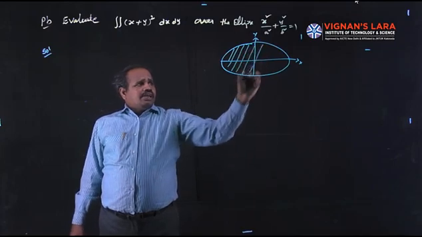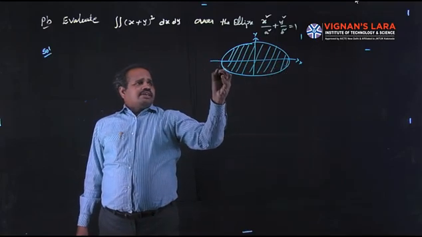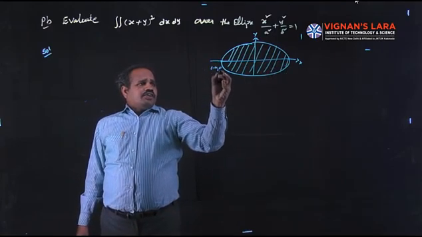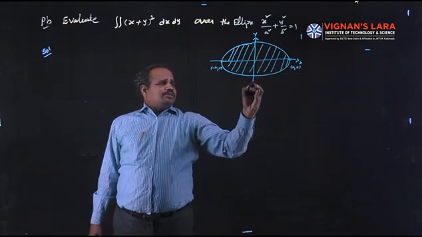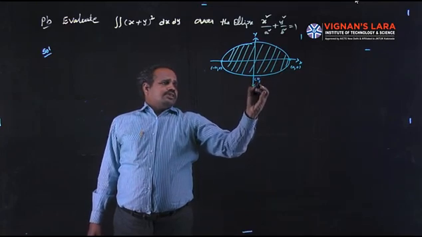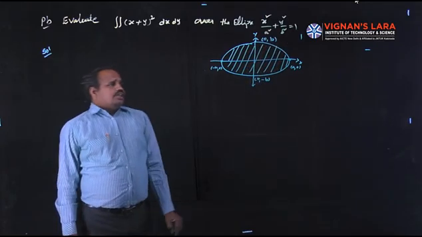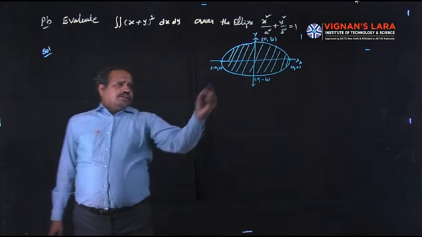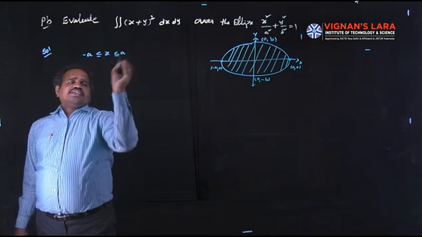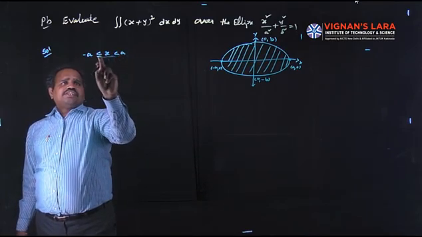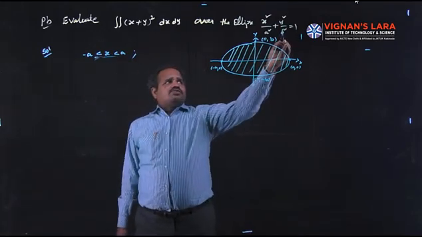This total value we have to calculate, and already I said that if you are taking one variable as constant limits, the other variable we take in terms of the other variable. So this is 0 comma minus b and this is 0 comma b. And if I am taking the limits of x in between minus a and plus a, then how are we calculating the y limits?